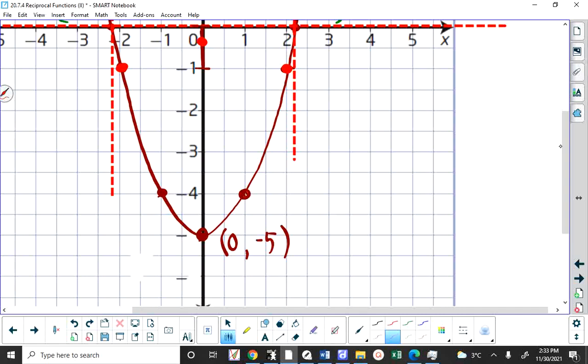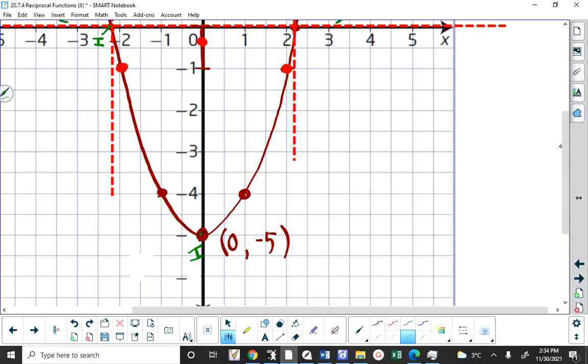Now think about this for a second. Don't sketch this next part. Just think about what I'm going to say and draw. From point 1 to point 2, and don't mess up your graph, the original function is going down. The reciprocal must be going up.